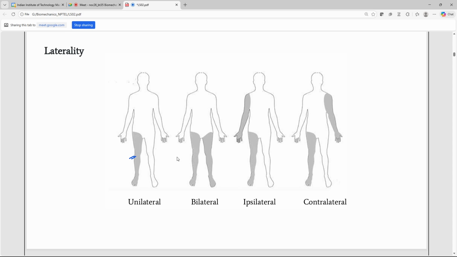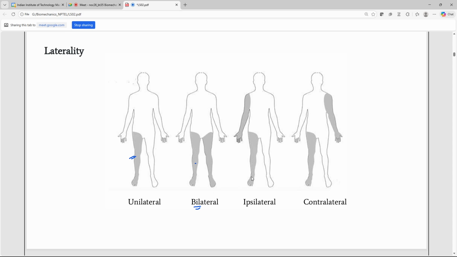Whereas suppose one condition is affecting both limbs or both sides of the body, then it is called bilateral. Bilateral is mostly used for two legs, like affecting the legs bilaterally, or the upper limbs bilaterally.